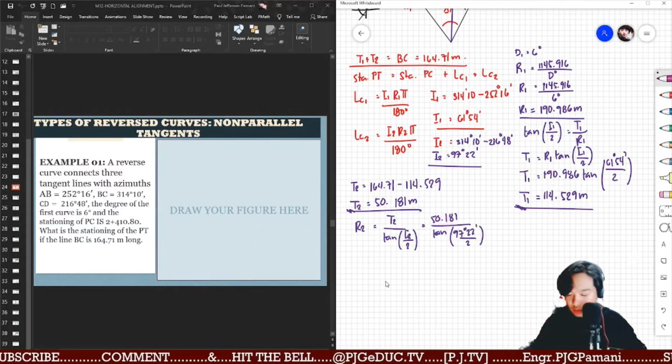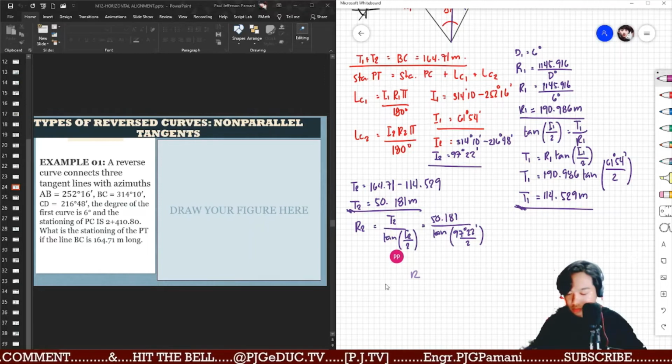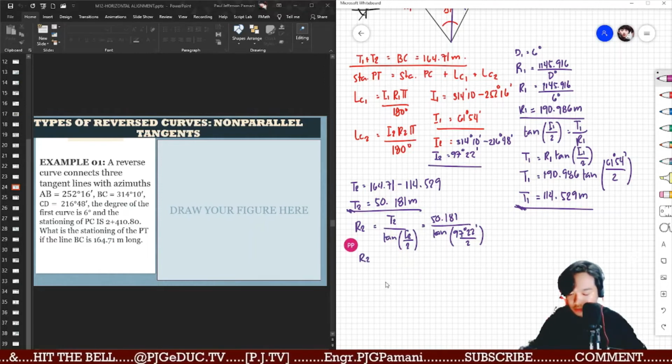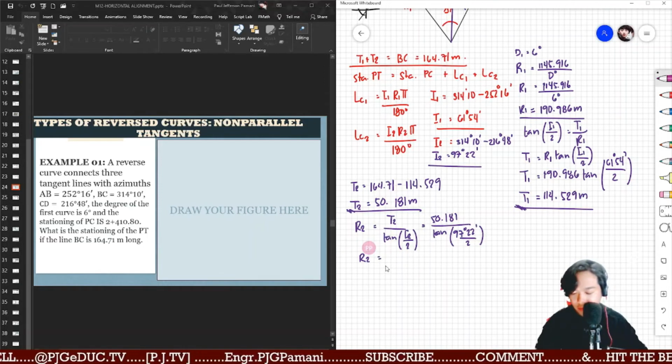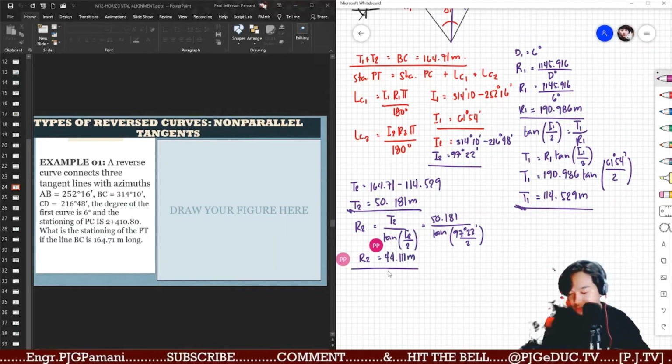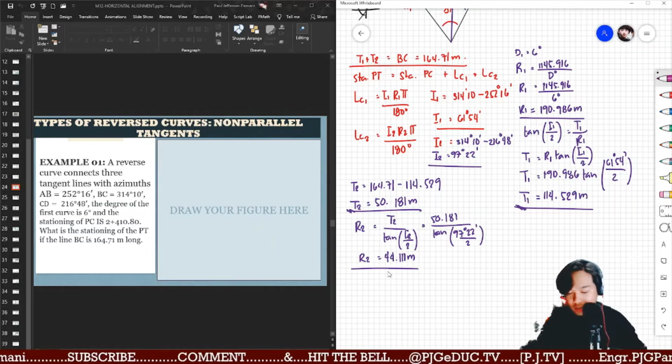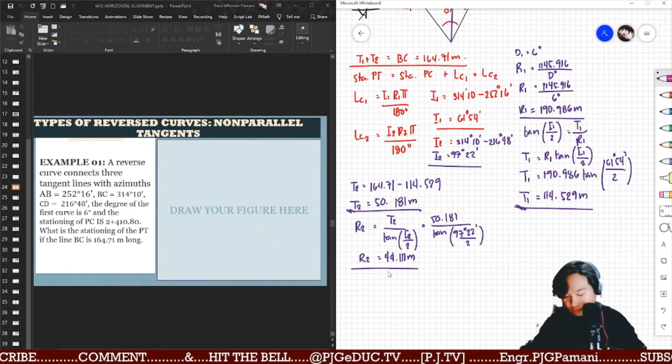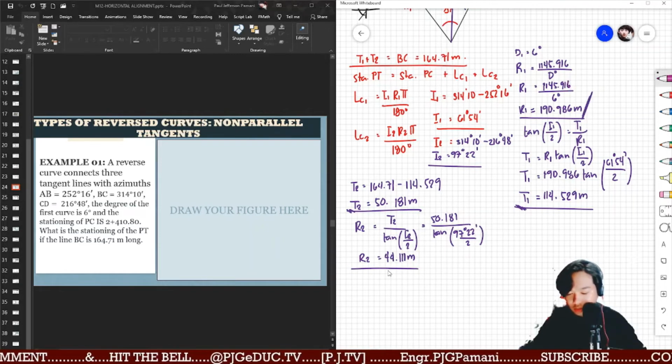So the radius of the second curve is now 44.111 meters. We have radius 1, and we also have radius 2.